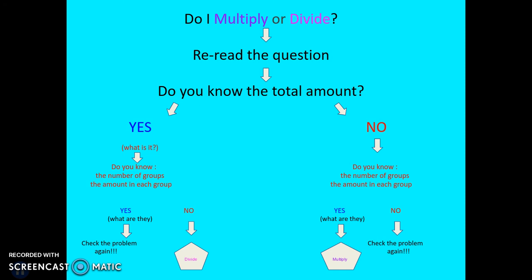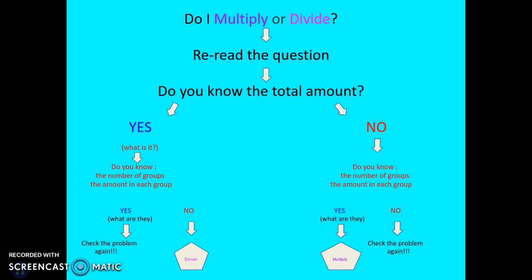So if I answer no, do I know the number of groups and the amount in each group? If I know those two numbers, then I know that I'm going to be able to multiply those. So if I can say yes to both of those, I know the number of groups and I know the amount in each group, then I'm going to multiply. If I say no, then I'm going to check my problem again because I'm probably going to have to do a different operation.